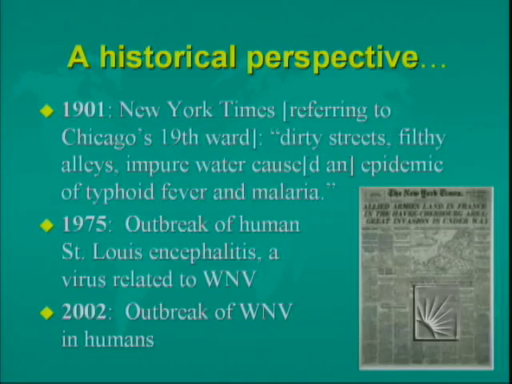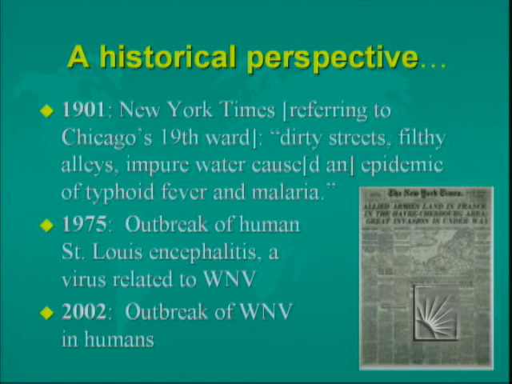To put a historical perspective, there's something interesting about that area, because this area of the southern focus of Oak Lawn, Evergreen, south of Midway, in 1901, the New York Times in an article talked about this area as having dirty streets, filthy alleys, impure water, the causal epidemic of typhoid fever and malaria.